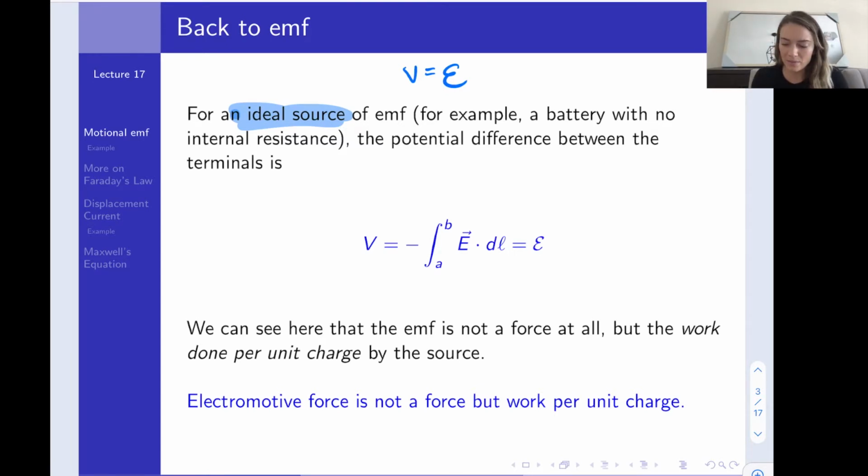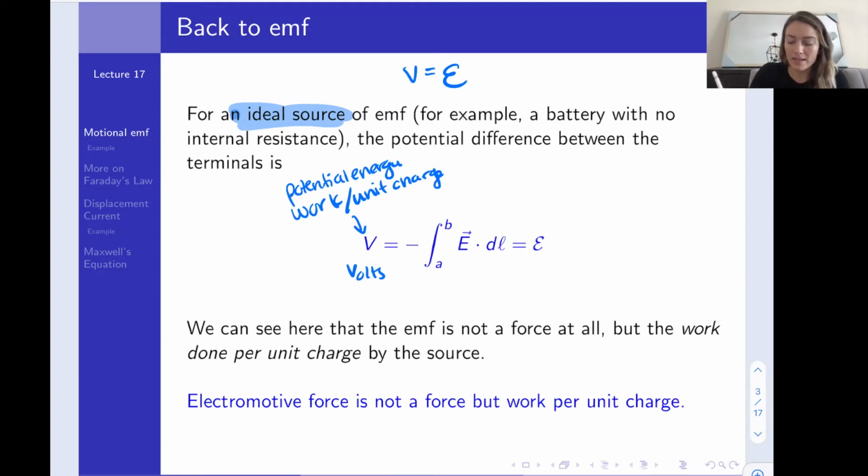We can see from this equation, we remember that our V is the potential energy, or the work per unit charge. This is measured in volts. So we have here the potential energy, or the work per unit charge, which is measured in volts. We know also that the EMF is measured in volts as well.